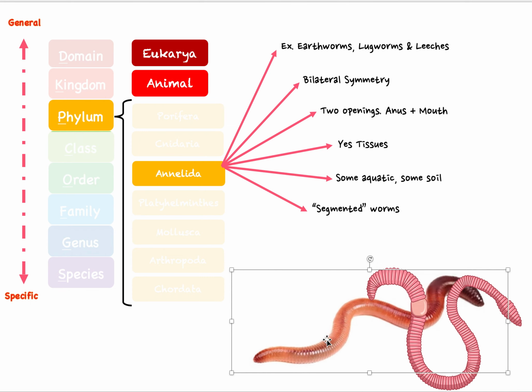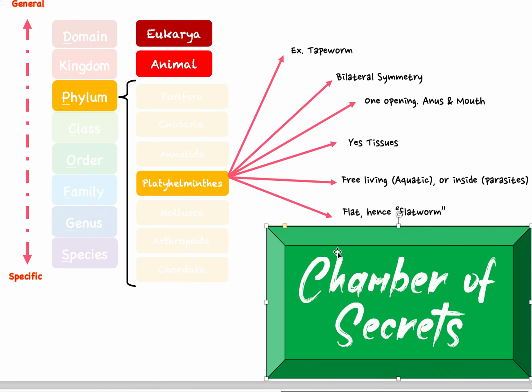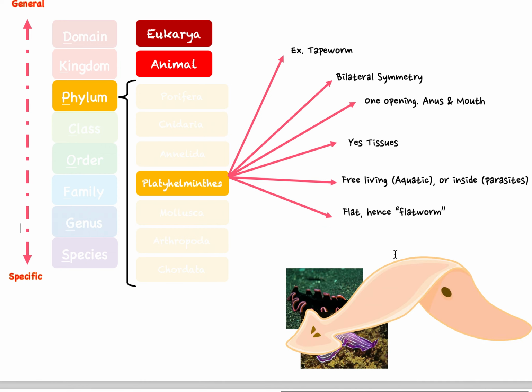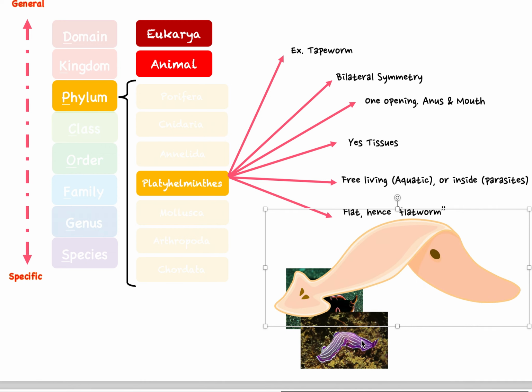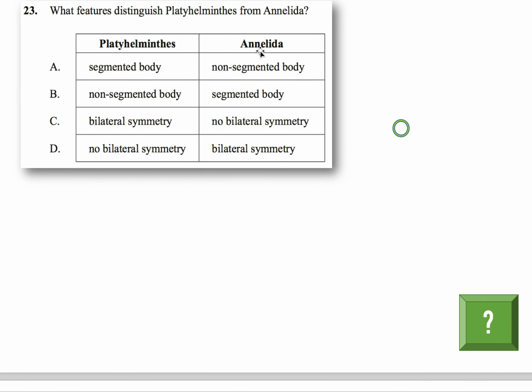Whereas the platyhelminths are also worms, but they don't have these segments. They are considered flatworms. They are non-segmented because they look like this. They're one smooth, flat worm instead of a segmented worm like these Annelida. So in essence, Annelida are segmented, whereas the platyhelminths are non-segmented. So that's the difference here. So this would be B.